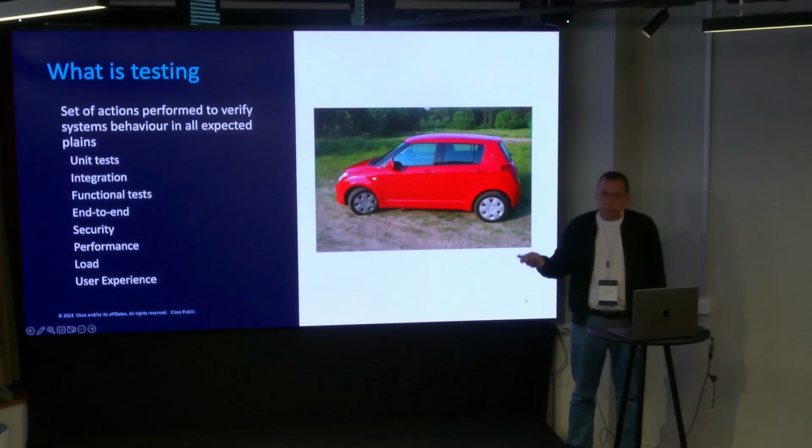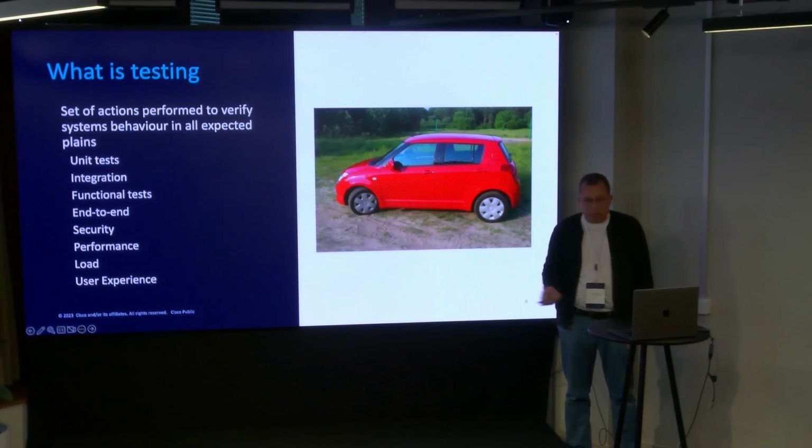End to end: if it works in the environment you have with other systems. Security, now it's quite crucial. Performance is something forgotten. When you get to production, you notice that, oh, we have some issues. Load, similarly. And finally, user experience.